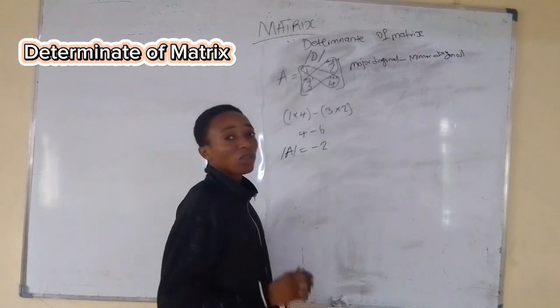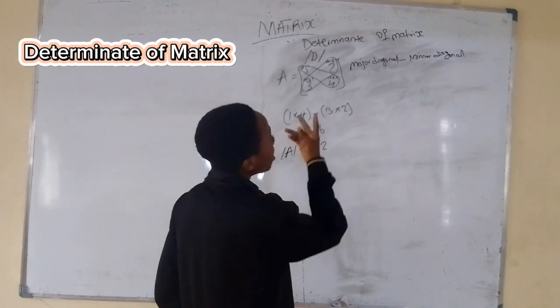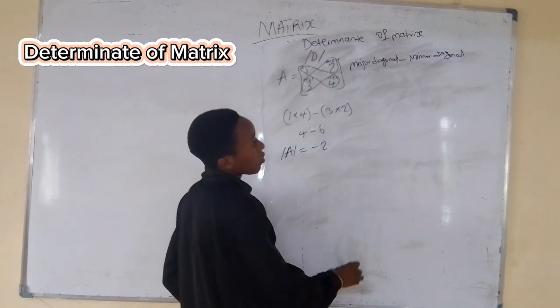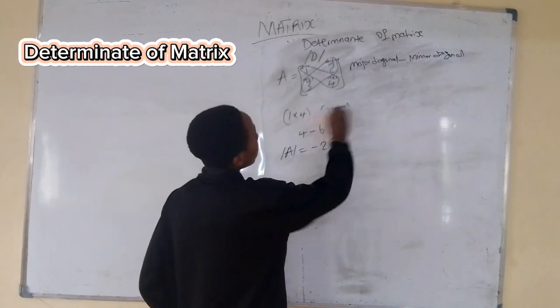That is a matrix with 3 rows and 3 columns. The one we just did has 2 rows and 2 columns. So if you want to find the determinant for 3 rows and 3 columns, let's do that.